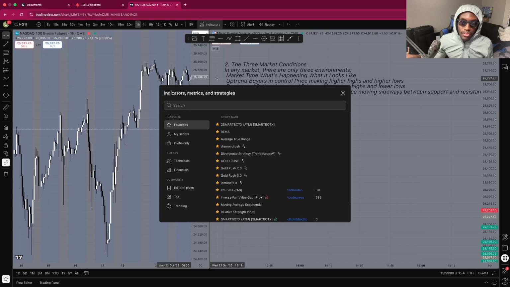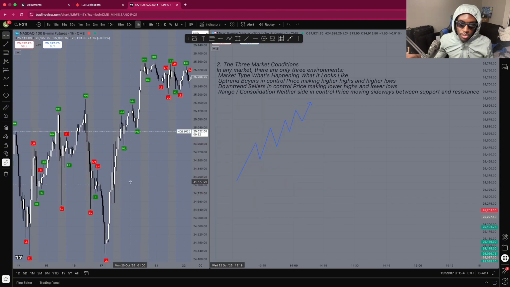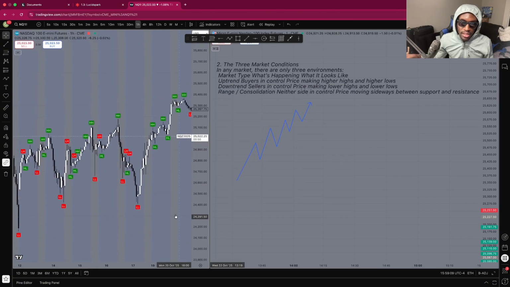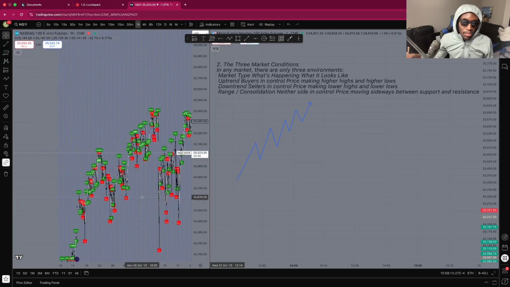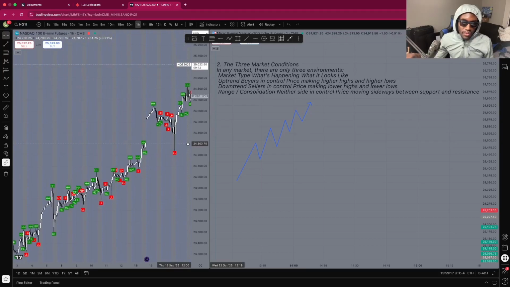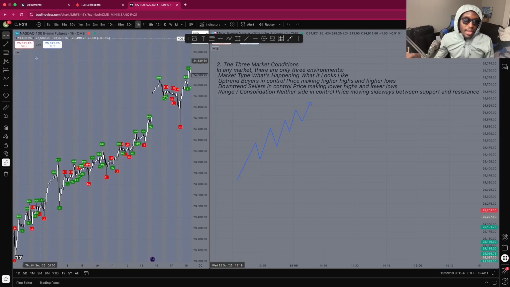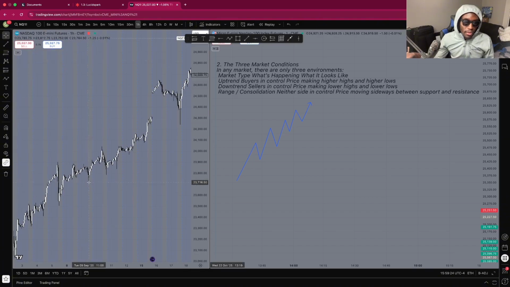And the indicator, if you guys are just starting off, if you want to have an indicator to help identify higher highs and higher lows, you can just put on the swing point indicator, and then now it identifies every higher high and higher low. So looking at the market overall, it's been in an uptrend. What have been characteristics of this uptrend? We've been having higher highs and higher lows form, right? So we have a low right here. What happens?